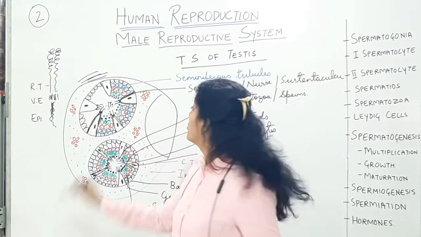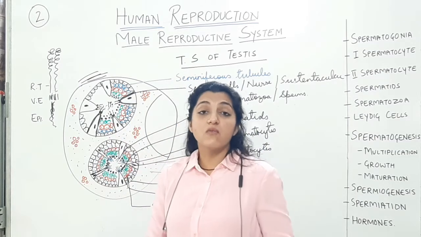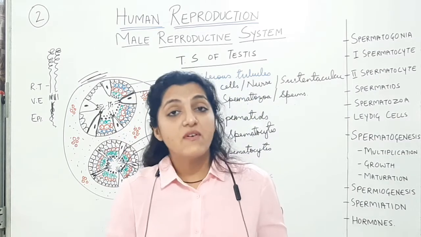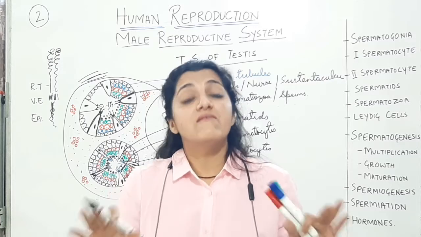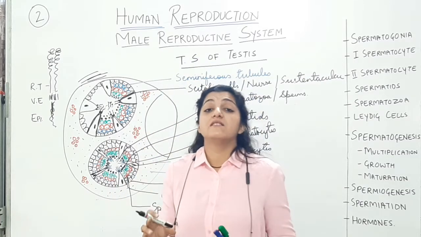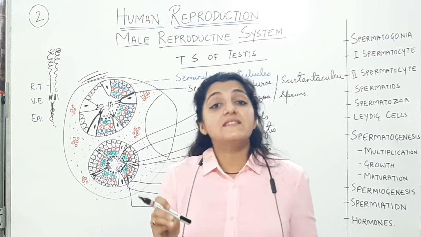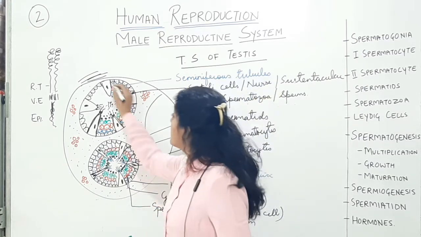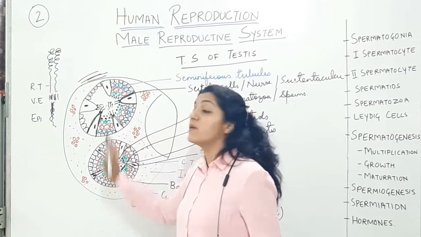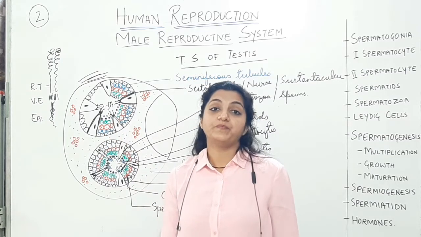It is going to show you all the cells which are present over here. We have seen seminiferous tubules are the structural and functional unit of the testes. For the production of sperm, the testes descended; it is actually inside the seminiferous tubules that the production of sperm is taking place.